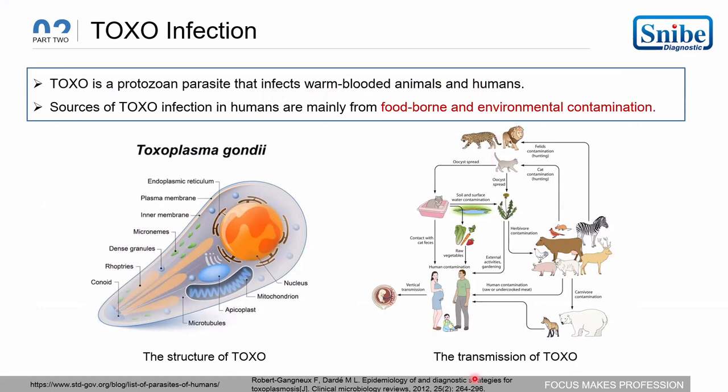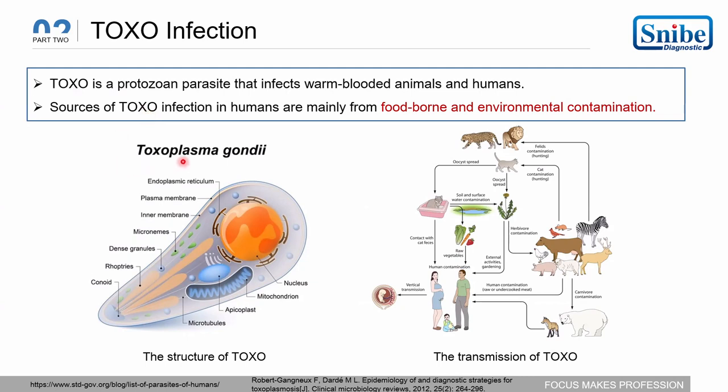You can see the transmission of Toxo from warm-blooded animals through soil and surface water contamination into food, and then causing contamination in humans as well. For the pregnant woman, this is a major risk factor. If they have infection, the source of Toxo infection is only foodborne and environmental contamination.